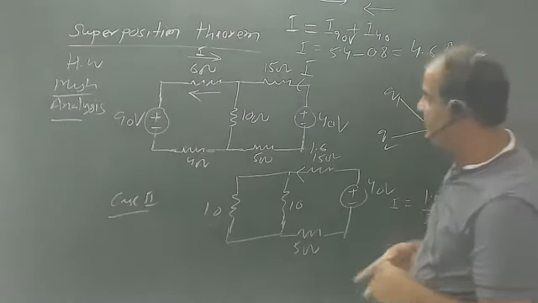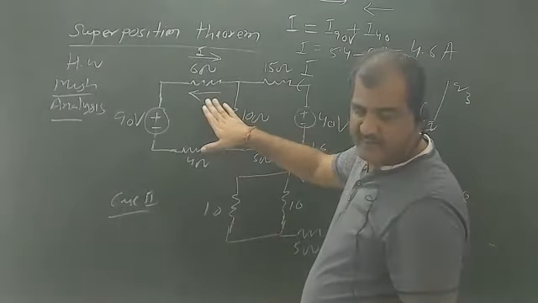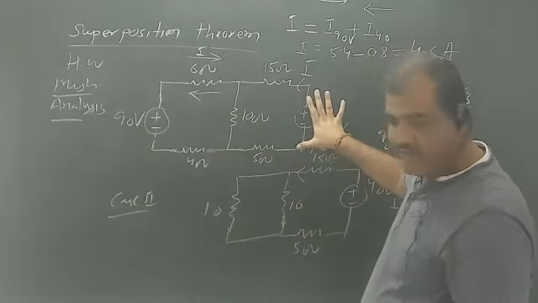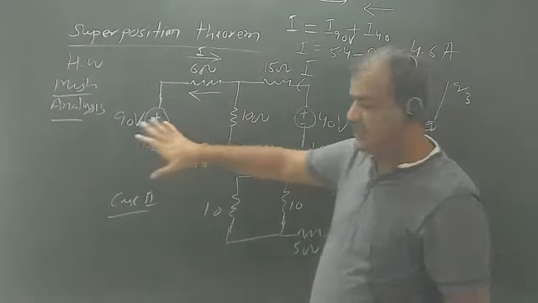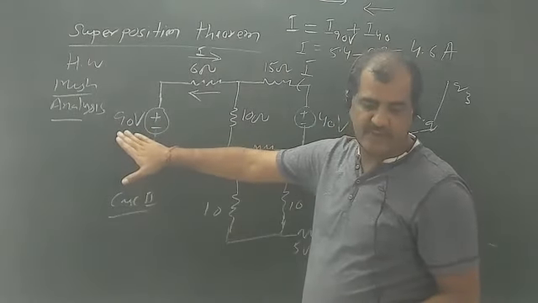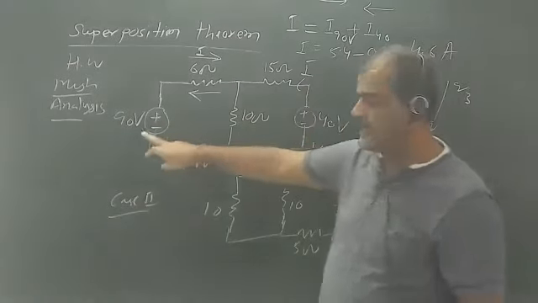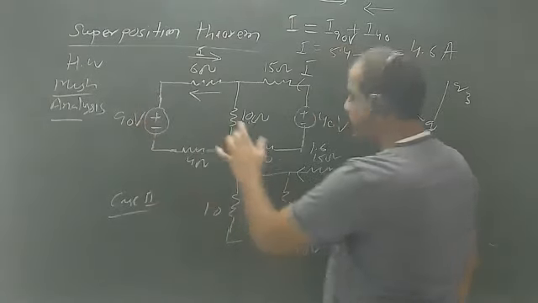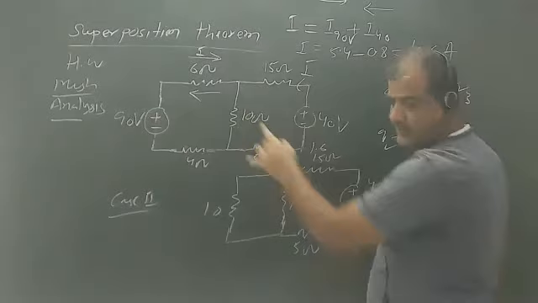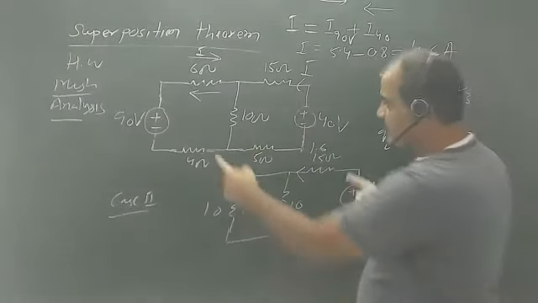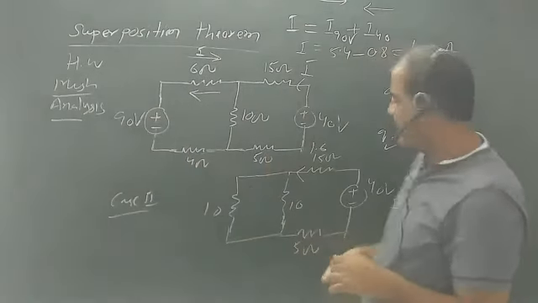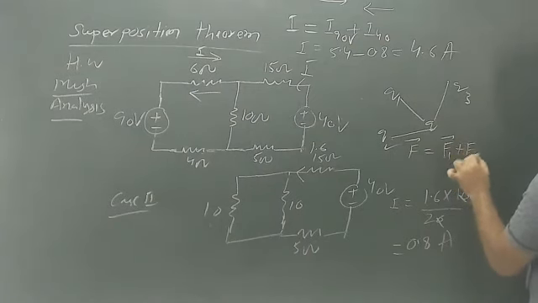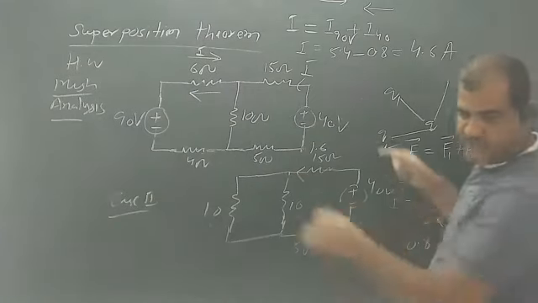Similarly here, if I want to calculate the current in the circuit because of multiple sources, I will turn off one source and calculate only its effect. I will see the effect of the first source. So I shut this one and saw how much current comes here. Then I turn off this one and calculate the current due to this one in this circuit. Then superposition means adding the two, like the total force, F1 plus F2 and so on. So this is the superposition principle.